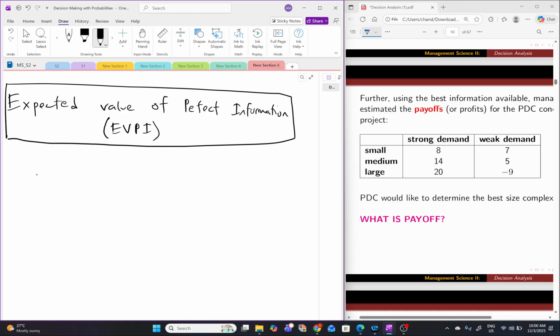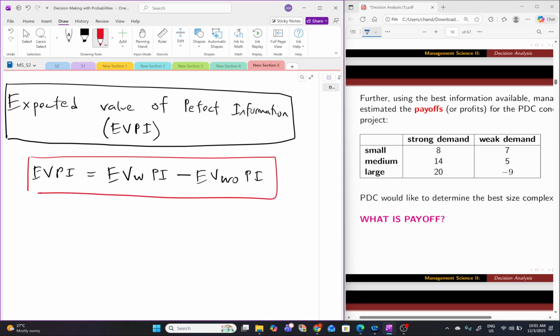Now, first of all, expected value with perfect information, kita nak cari yang ini. Okay, so the formula goes like this: EVPI is equal to expected value with perfect information minus expected value without perfect information.